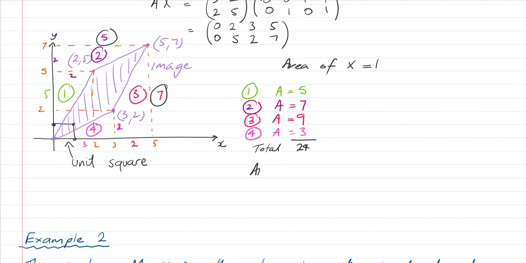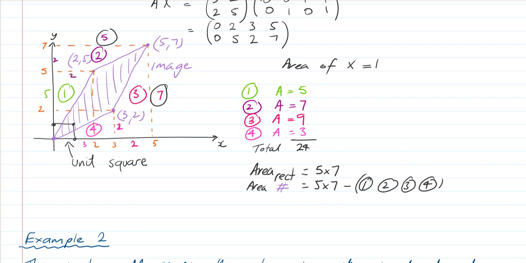So the area of the rectangle equals 5 times 7. And therefore the area of the purple shape is equal to 5 times 7 minus 1, 2, 3, and 4.